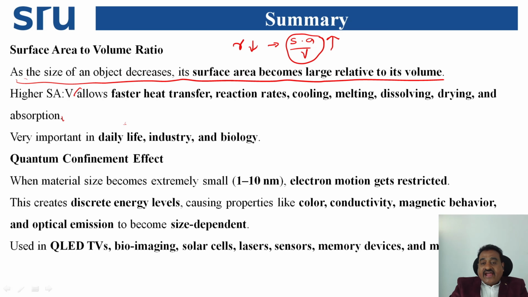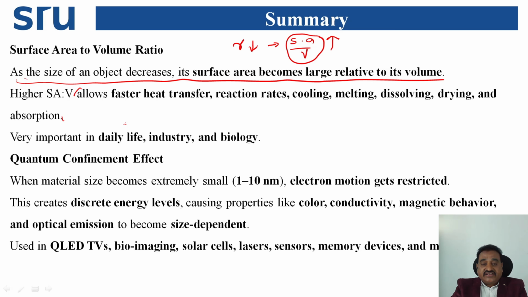So isolated atom has the discrete energy level. The bulk material has the band gap or band energy level. The nanoparticle has the intermediate energy level. The bulk material is divided up to nanomaterials. The energy levels are changing.